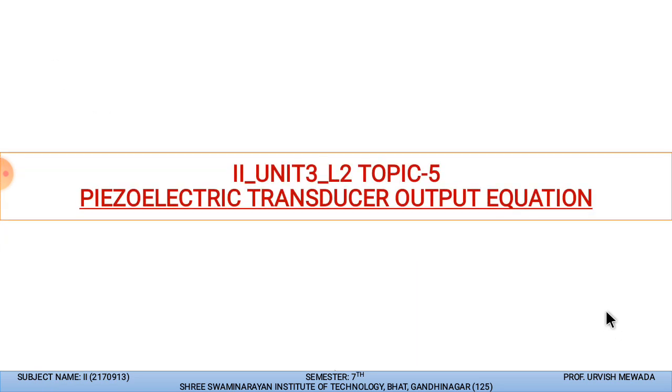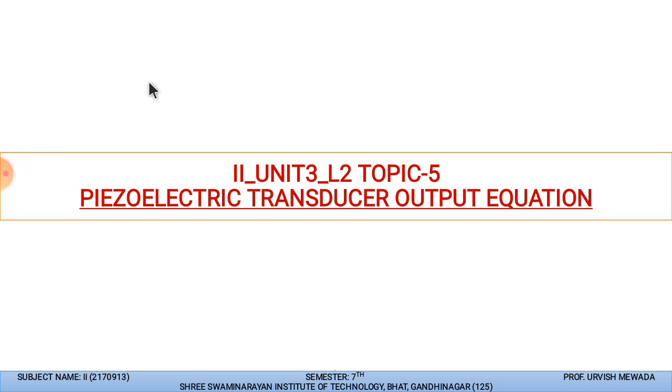So let us discuss topic number 5 of unit number 3. Piezoelectric transducer output equation. We are all aware of this word piezoelectric transducer. Basically, a piezoelectric transducer is a device, or a material, which is naturally available on the earth, and that material has a property.